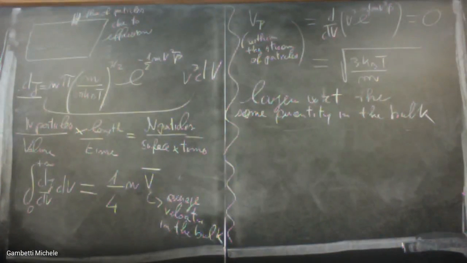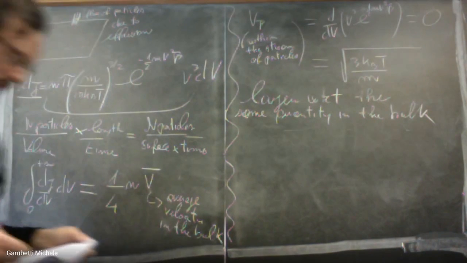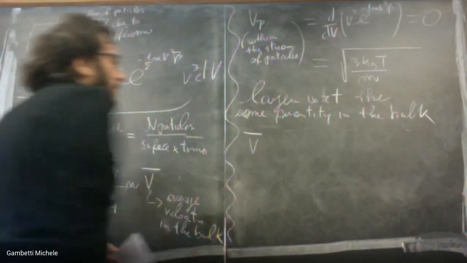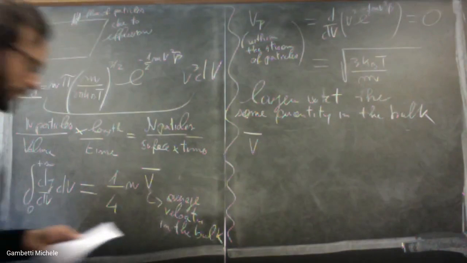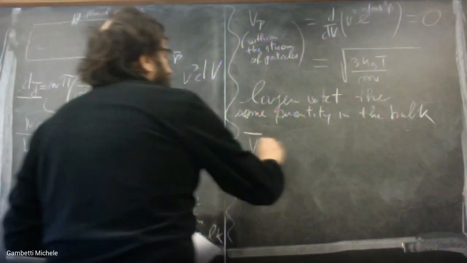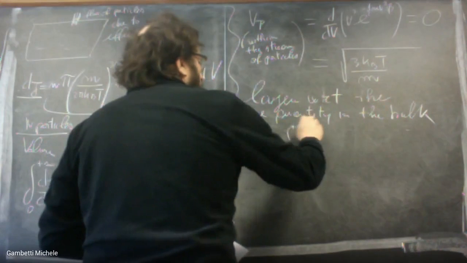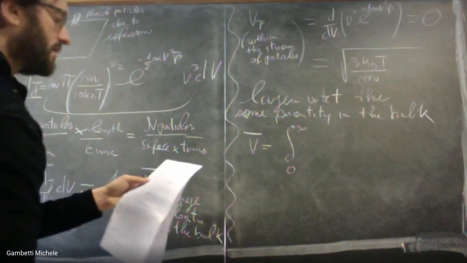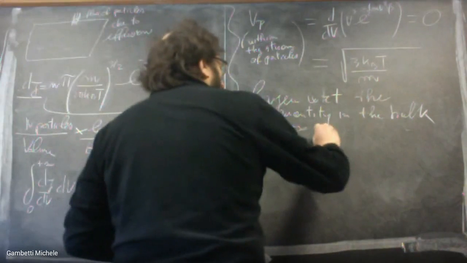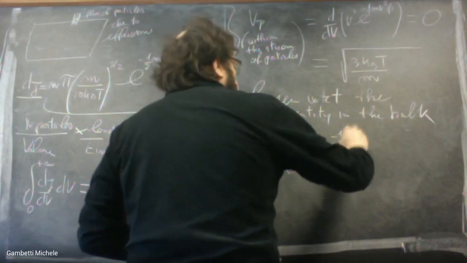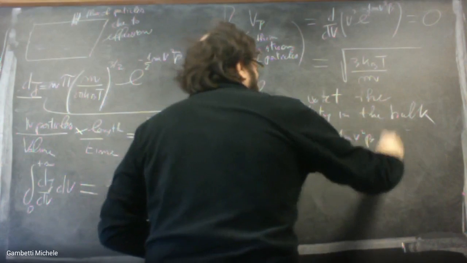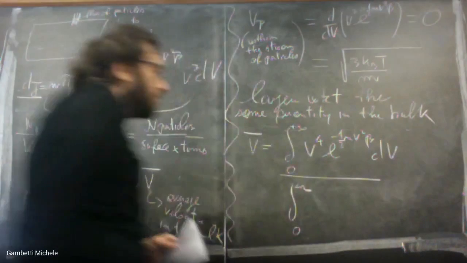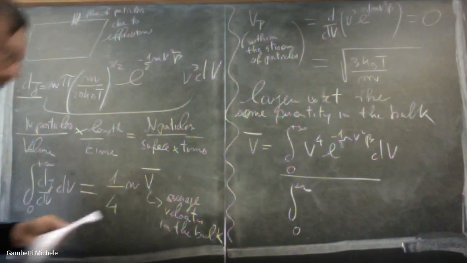So, of course, the most probable value in the stream is larger, and similarly, if you compute the average velocity again in the stream of these particles, well, basically this is the integral, if I remove all the normalization constants that anyway will cancel, of now this v to the power of 4 times the exponential, divided by the same integral that I put for normalization, with v to the power of 3.